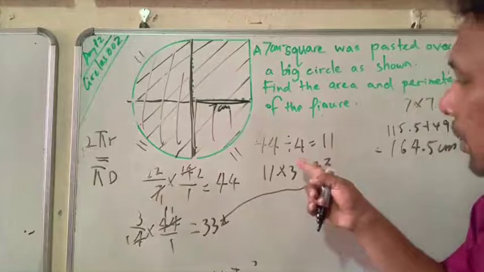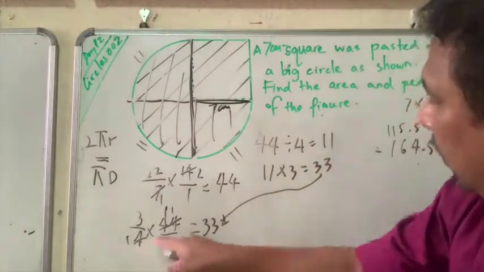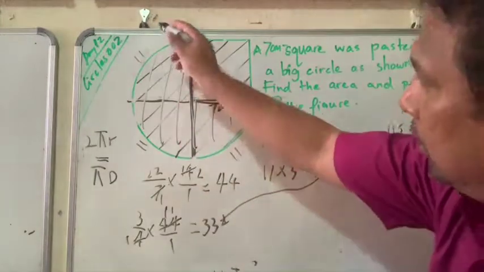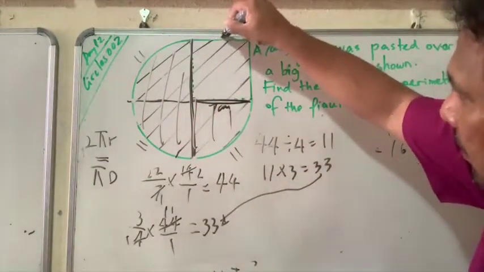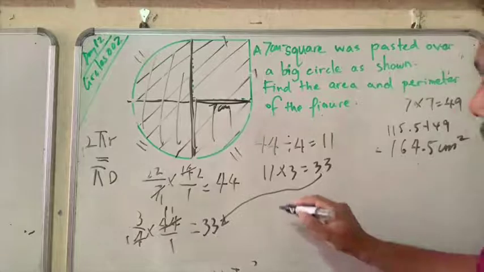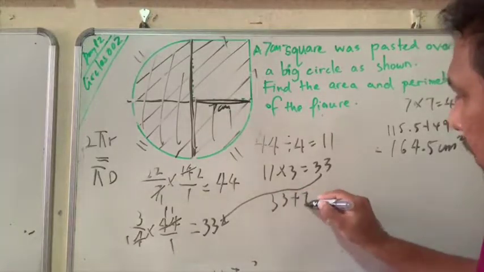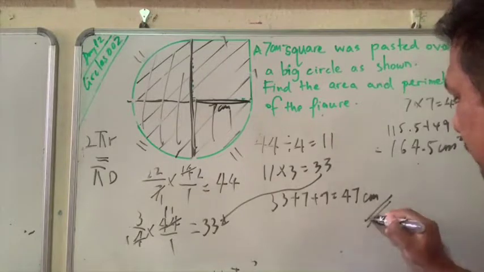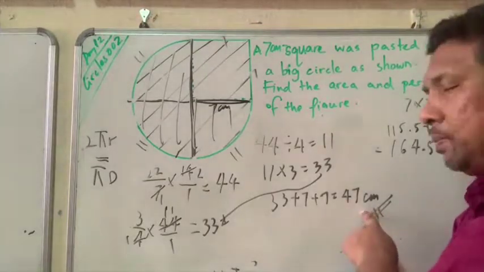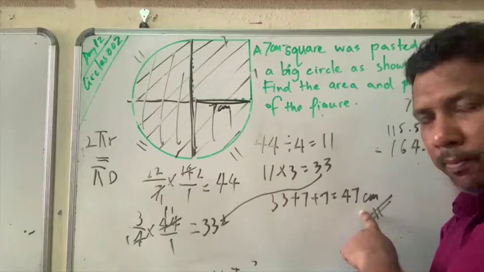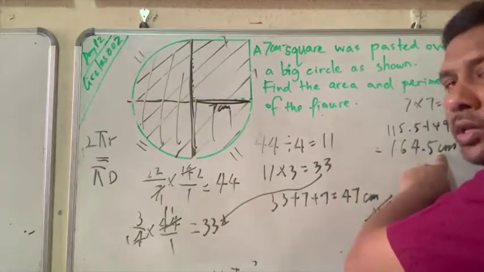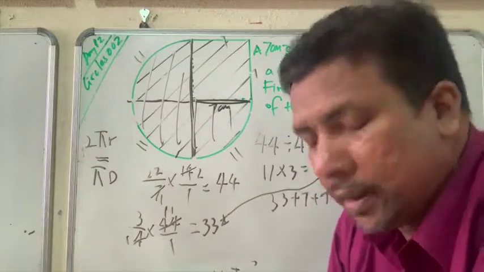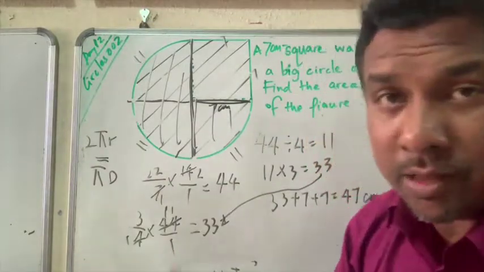If not, you can do the same thing. You divide by 4, then you times by 3. So you know this is 33 plus 7 plus 7. So 33 plus 14 is equal to 47 cm. Remember, perimeter is measured in cm. Area is measured in square cm. Alright, that's the solution for number 2.